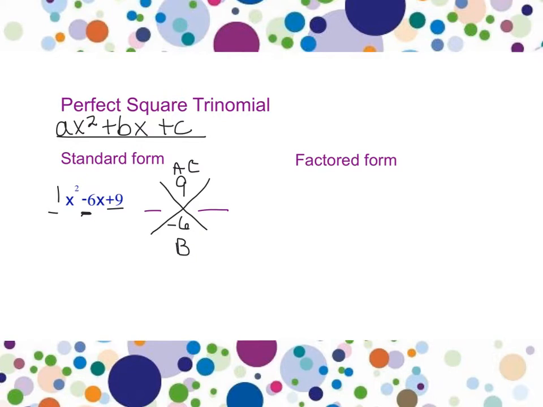Well, I always think about my factors of 9. I really only have two choices. I have 9 and 1 and 3 and 3. Well, I guess 4 choices, because we could say negative 1 and negative 9, negative 3 and negative 3. So if you ask yourself which of those are going to add to negative 6, we're going to use negative 3 and negative 3.